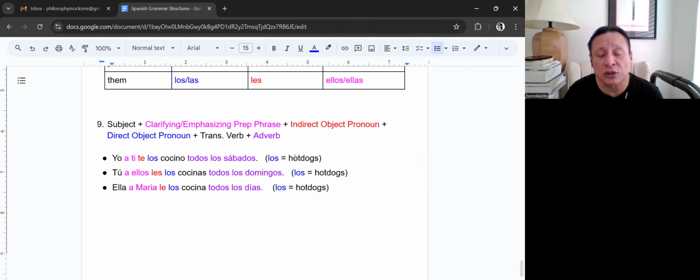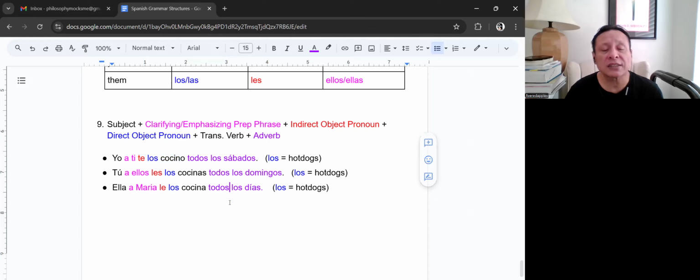Hot dogs is los, because los would be a third person plural, right? Them, right? But you're cooking, what are you cooking? You're cooking hot dogs. So that's why the los is referring to the hot dog. So I, for you, emphasis with the a ti, emphasizing that it's for you, cook hot dogs, cook them every Saturday.